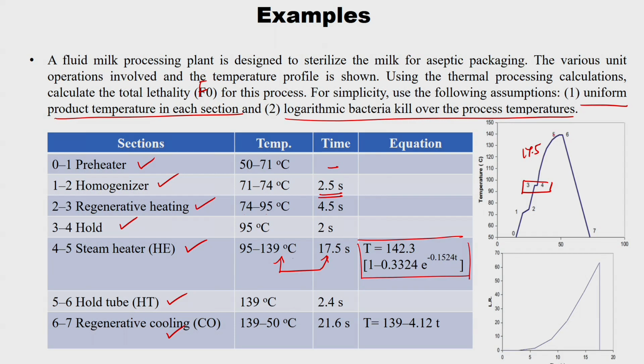The holding tube is again at 139 degrees, which takes 2.4 seconds. Then the cooling section goes from 139 to 50 and the time spent is 21.6 seconds, where T is 139 minus 4.12 t. It follows this time and temperature relation, decreasing the temperature from 139 to 50 degrees in about 21.6 seconds. So, we are going to do the problem.